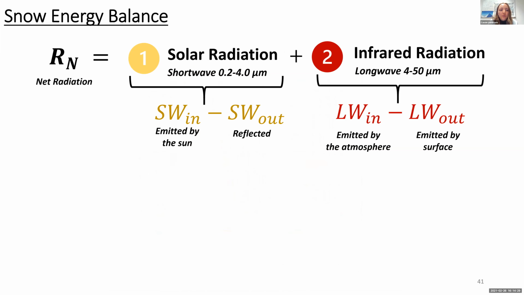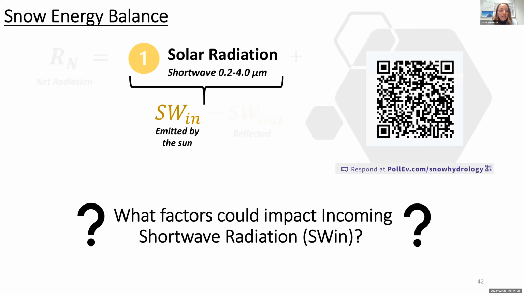So we have our energy balance of our snowpack that I outlined before. If we start thinking about these components, let's do a poll everywhere, and let's think about the shortwave emitted by the sun component, like what factors could impact this. I think everybody should have this now.